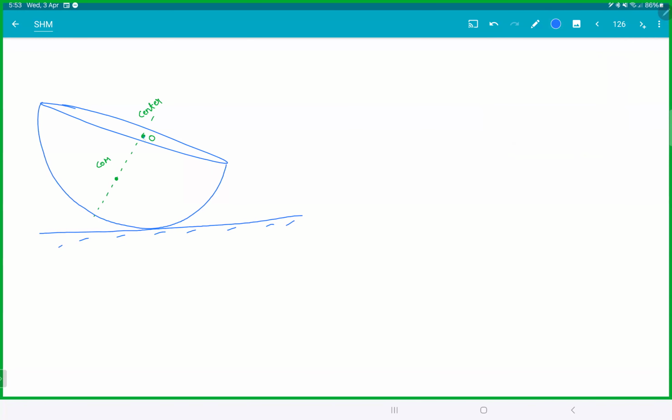So when you displaced it, this was theta. So you need to find alpha in terms of theta. This is alpha. This is the normal reaction. This is friction. This is mg. This is how the FBD looks.